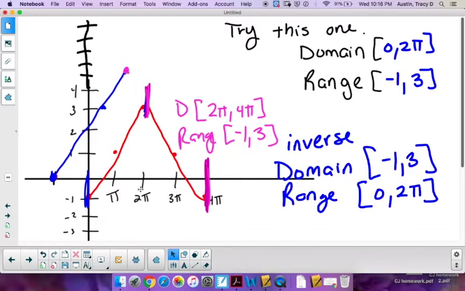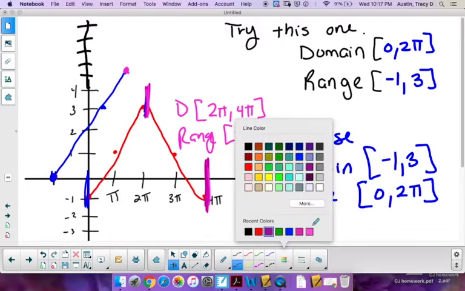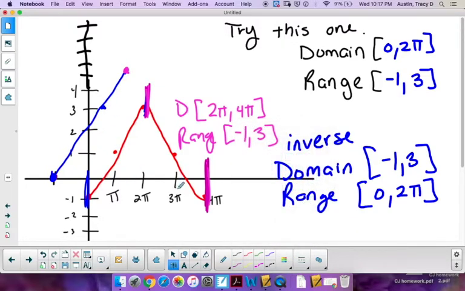And that was (2 pi, 3), so that becomes (3, 2 pi), which is about 6. All right, so the next one, like I said, is 3 pi, which is about (9, 1). So we go 1 all the way up to about 9, so that's right here. And as far as the inverse of that, it's going to go that way, and it's going to go off the top of my graph.